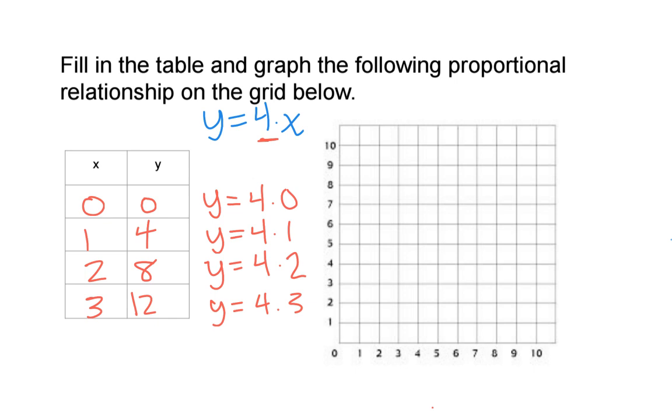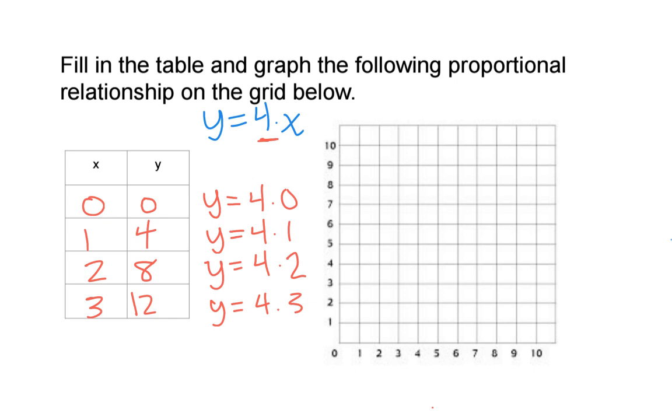So notice how every time the x value increases by 1, going from 0 to 1, 1 to 2, 2 to 3, the y value is going to increase by 4 because the constant of proportionality is 4. 0 to 4, going up by 4, 4 to 8, goes up by 4, 8 to 12 goes up by 4. So just something to pay attention to as you're working through these problems, and as you go to graph it, you might notice a lot of patterns like that.